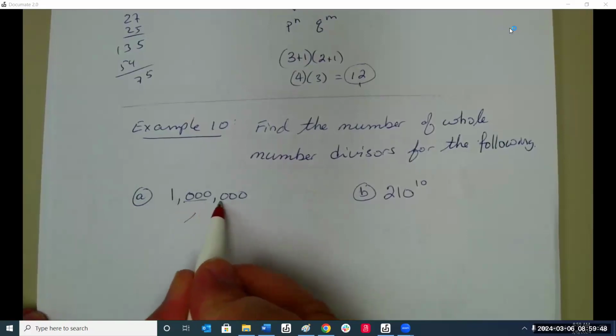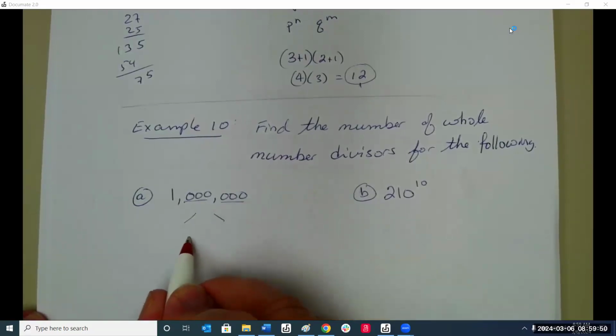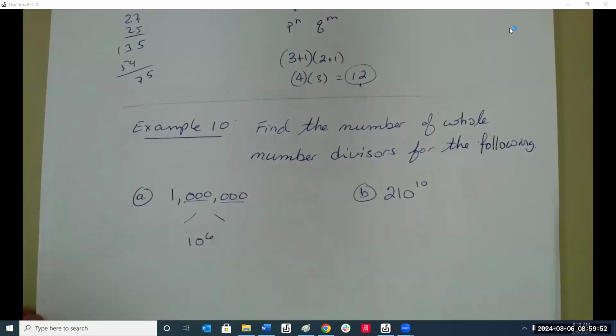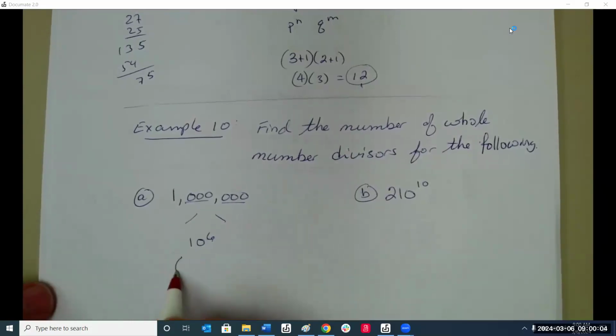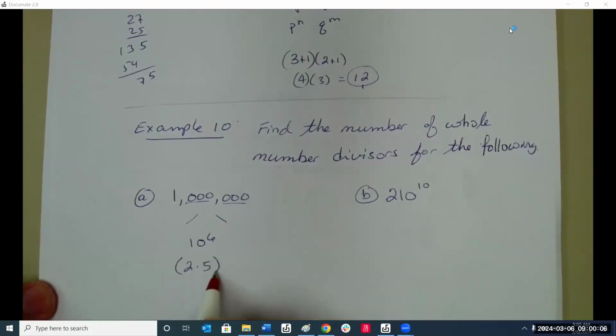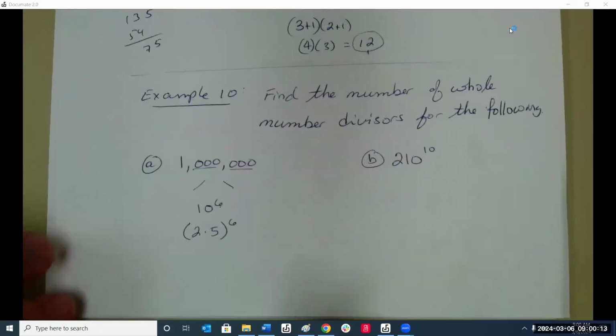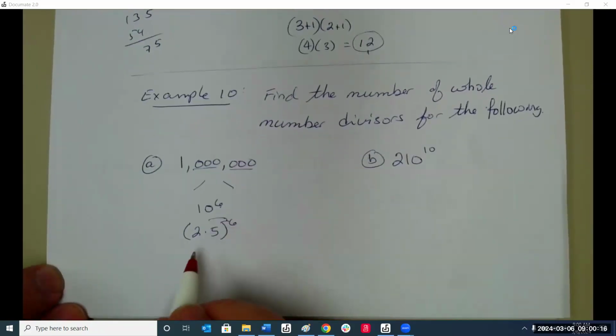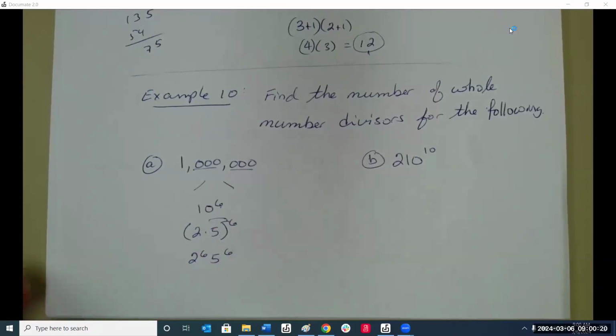Since there are 6 zeros, what that means is that's 10 to the 6th power. The number of zeros is your exponent times 10. What is 10 made up of? 2 times 5, or 5 and 2. So what this means is I could distribute those. 2 to the 6th, 5 to the 6th.